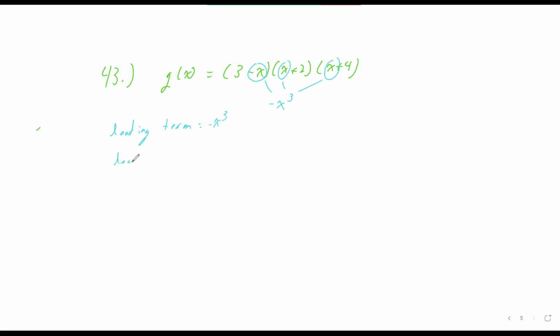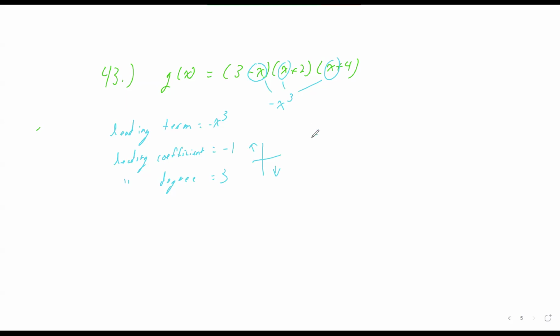The leading coefficient would be negative 1, and the leading degree would just be 3. So a negative odd does this right here. So think of a cubic, and if it's negative, flip it. That's the way I remember it.